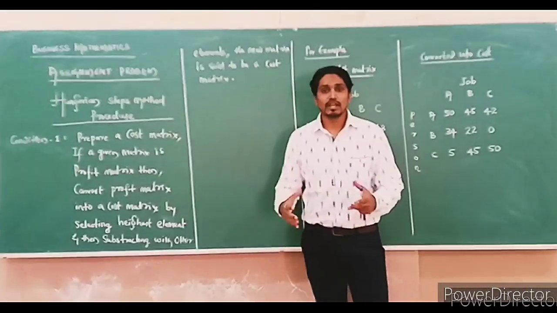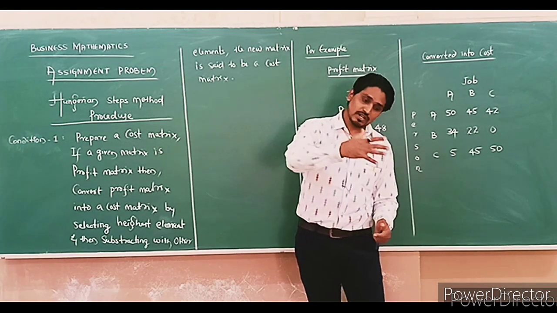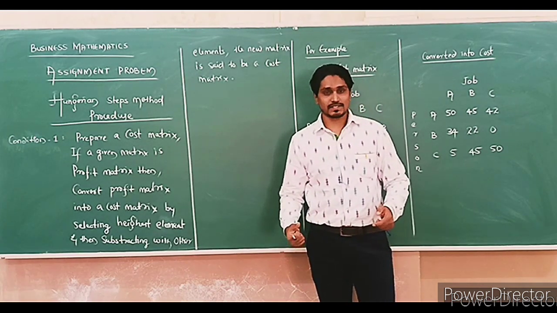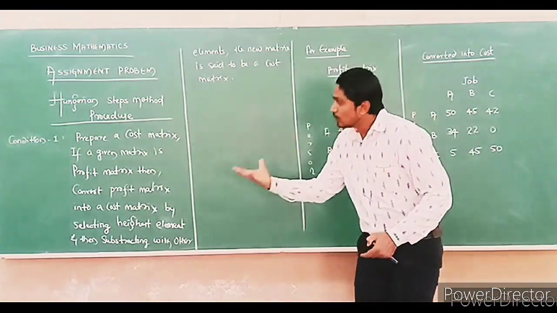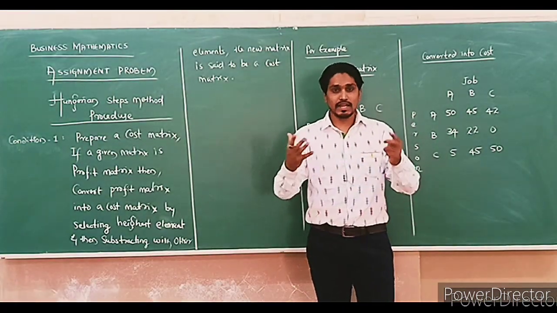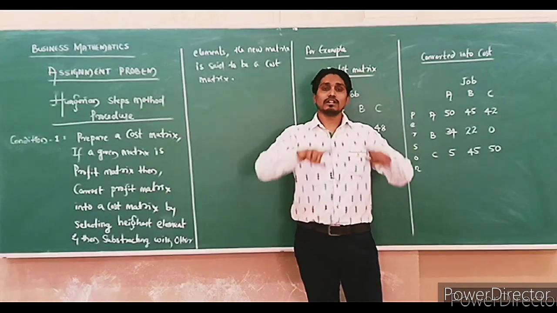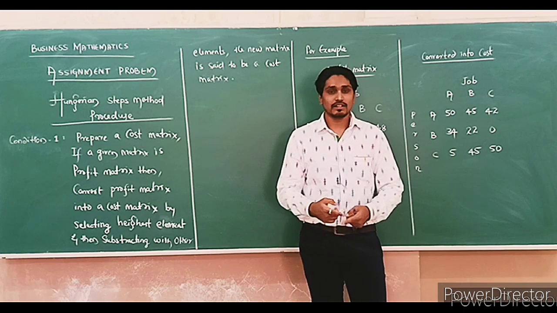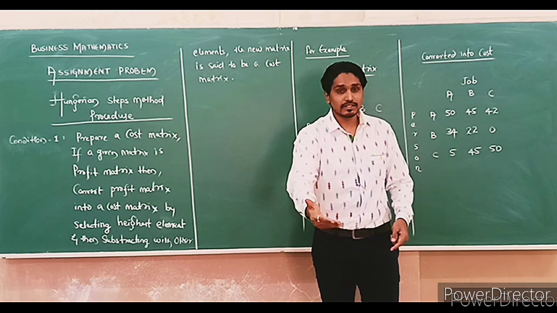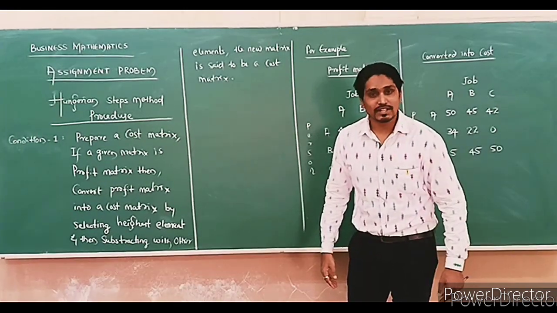It's all about converting a profit matrix into a cost or loss matrix. To convert a profit matrix into a cost matrix, we have to select the highest element in the matrix and subtract all other elements from it. The new matrix you prepare is called the cost matrix.